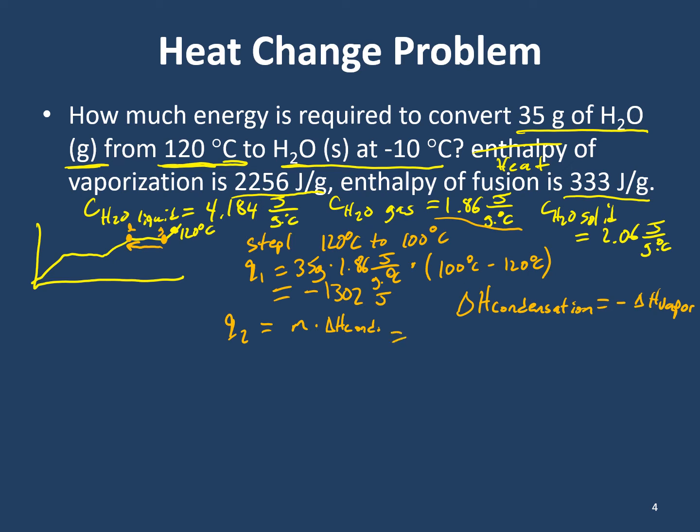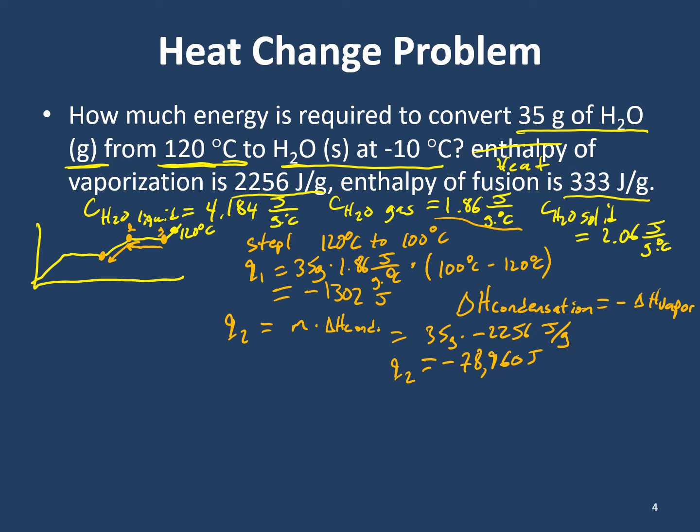So in other words, Q2 is equal to 35 grams times negative 2,256 joules per gram. This gives me Q2 as negative 78,960 joules.